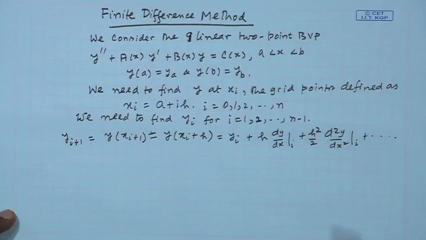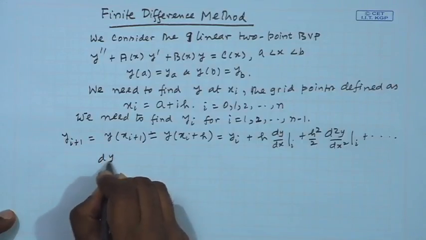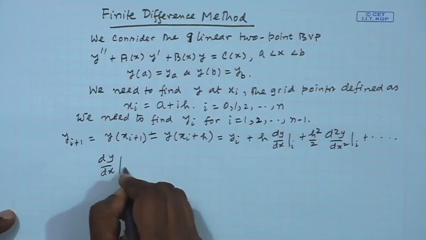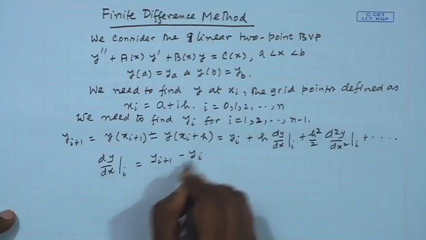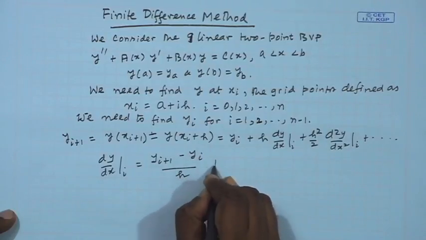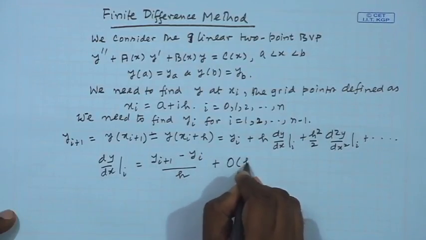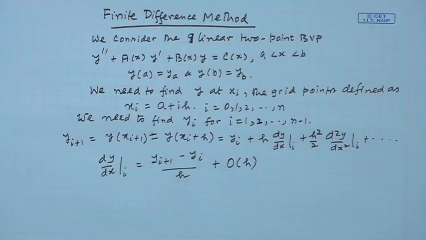Now, I can write from here dy/dx at i equal to (y_{i+1} minus y_i) by h. So, the remaining terms will be of order h, because that is the lowest order term.